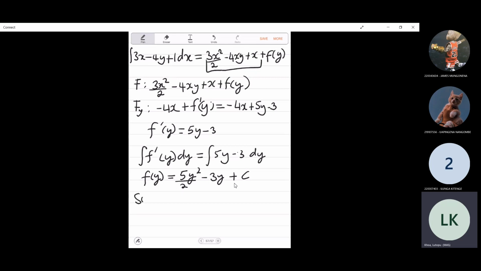So my solution will be 3x squared over 2 minus 4xy plus x plus 5y squared over 2 minus 3y, and then this is equal to c. So again, you can try and make it look nicer, maybe multiply by the 2 throughout, but this doesn't look too bad.